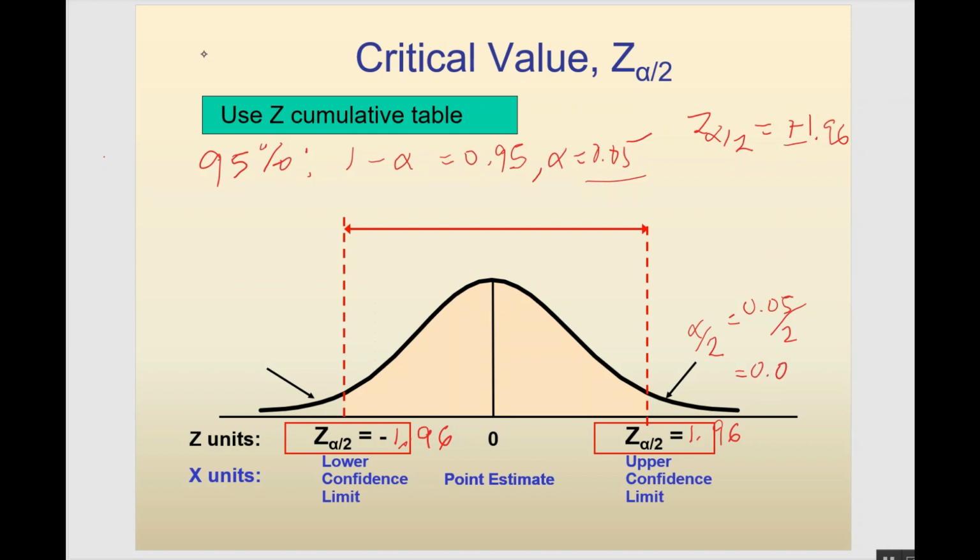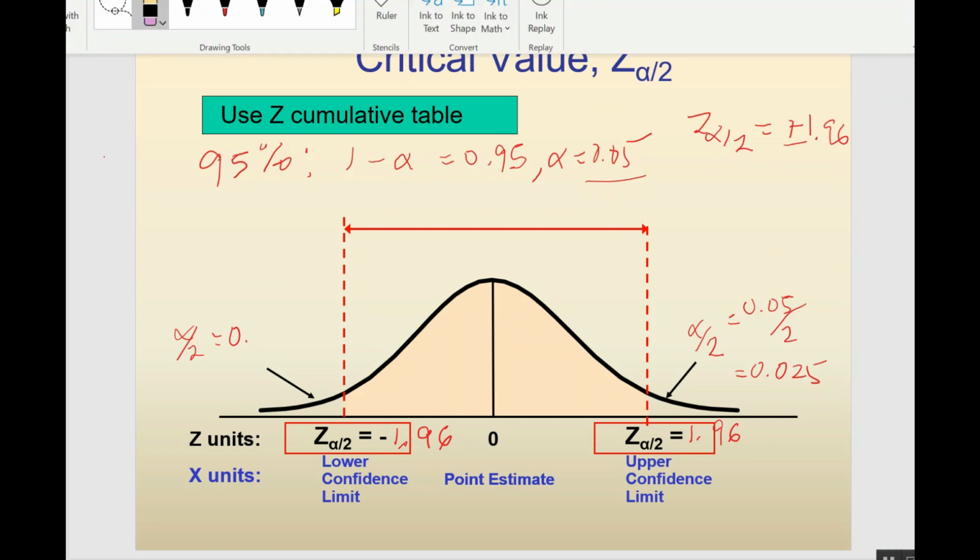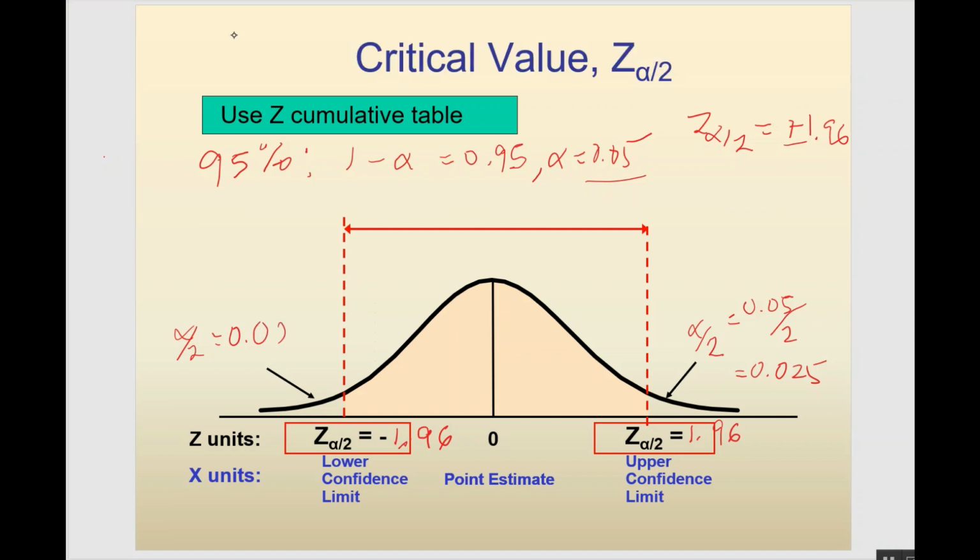So you are getting this half on your right tail, and the other half is your left tail, 0.025. So using the Z cumulative table, this is what you'll be getting for your lower confidence limit and also your upper confidence limit here.